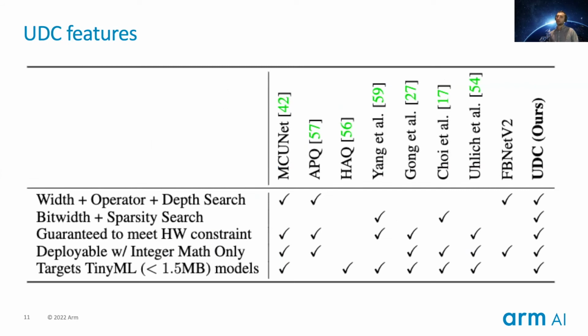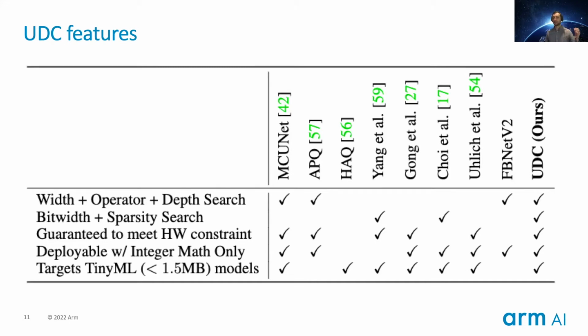The other reason why we should use UDC is because it has a lot of really nice features. We can compare UDC to the state of the art in model compression and model design literature. And we see that UDC has lots of properties, like it's able to search over the width, operators, and depth of the model. It can search over the bitwidth and sparsity rate for each layer in the model.